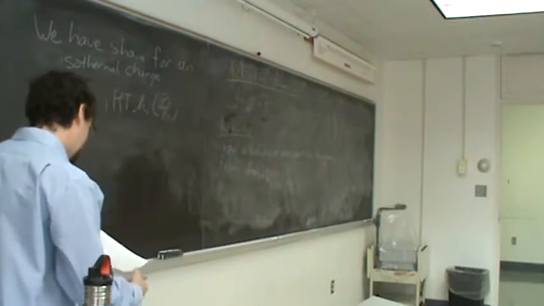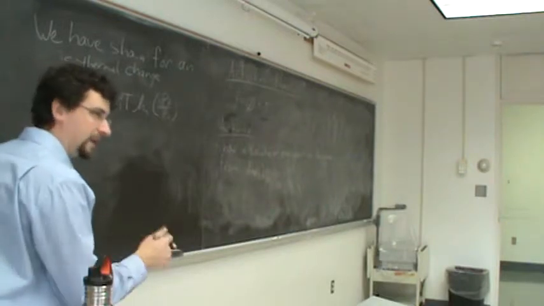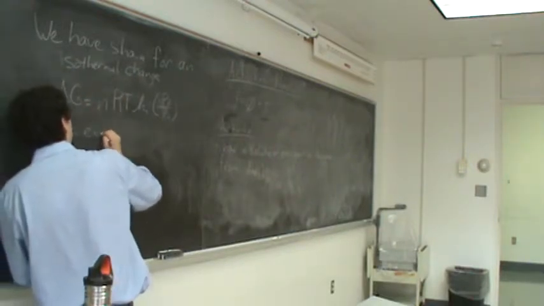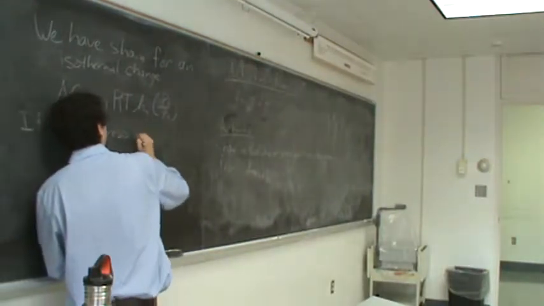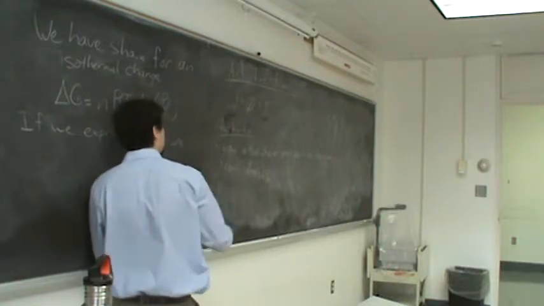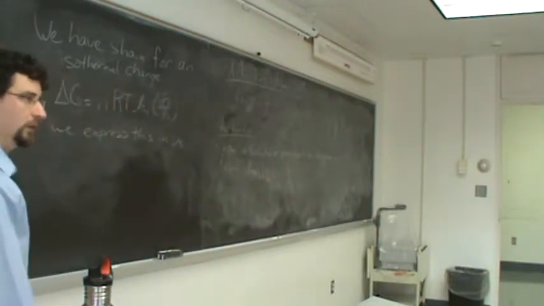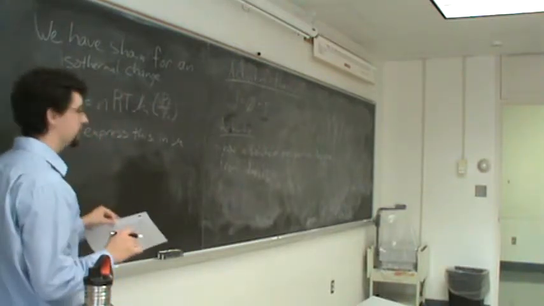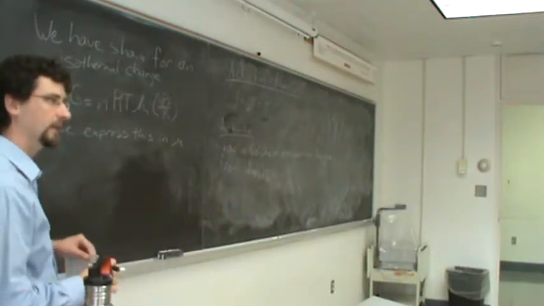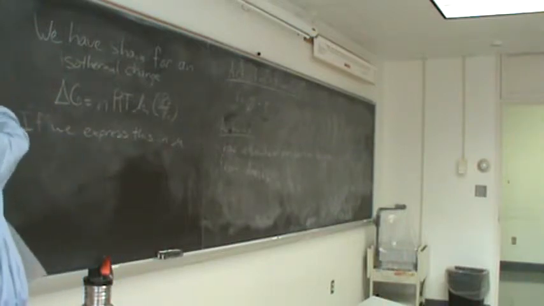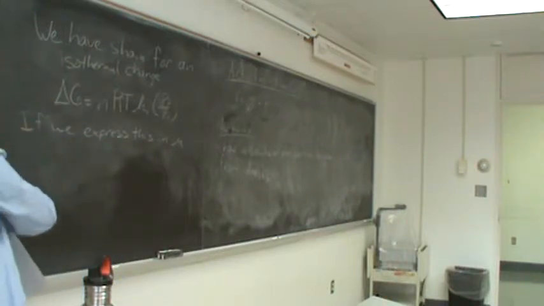So we've derived that like a million times. If we express this in terms of chemical potential, or that mu, how was chemical potential different than the Gibbs energy, or how did they relate? Mu is equal to what over what?